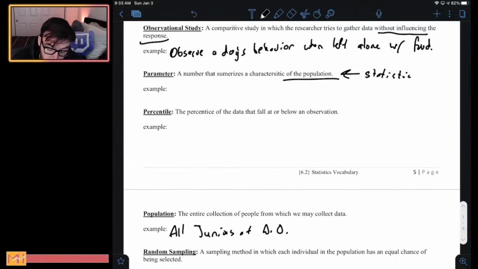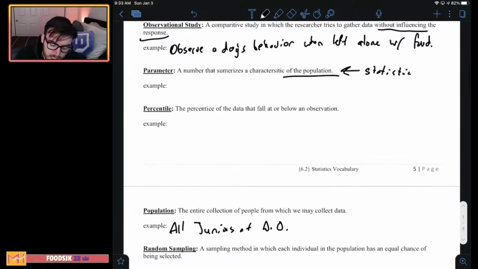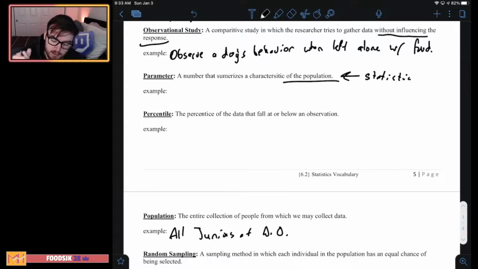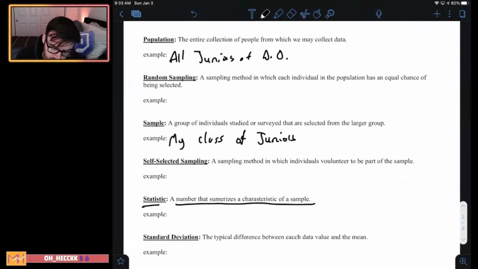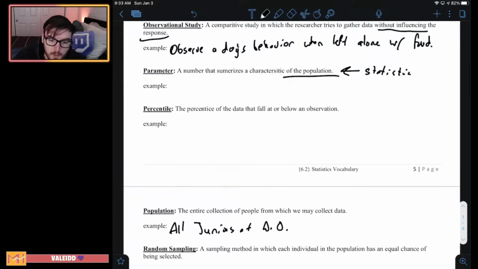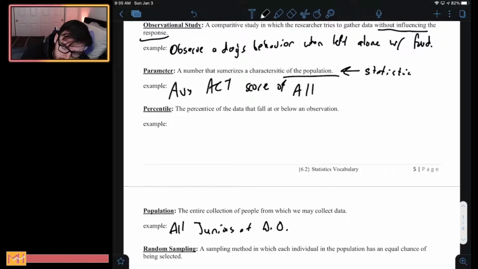So, parameter versus statistic. A parameter is a number that summarizes the entire population, where a statistic describes the sample. A parameter might be the average ACT score of all DO juniors.